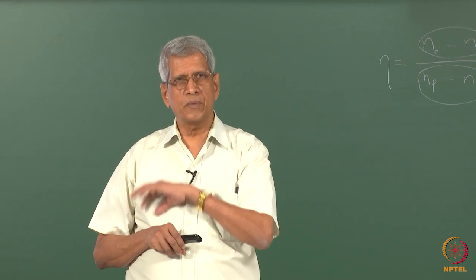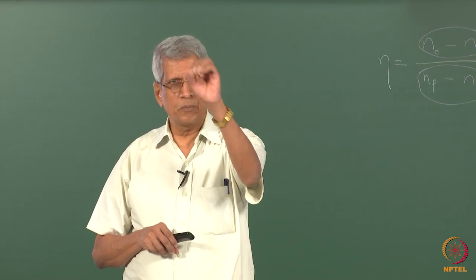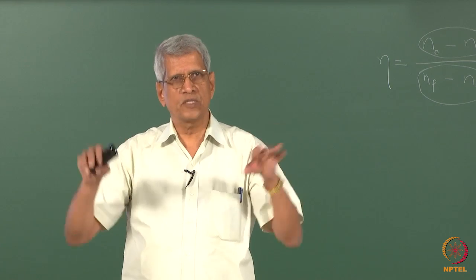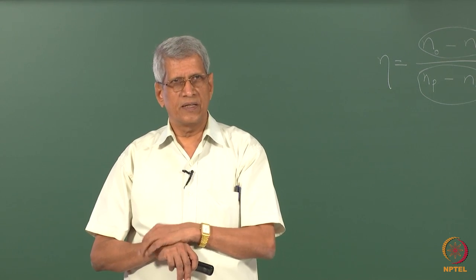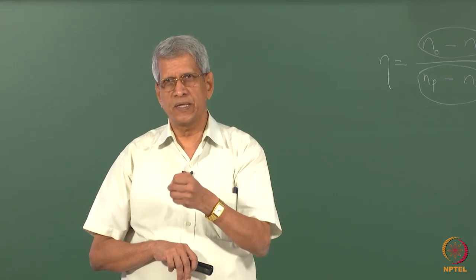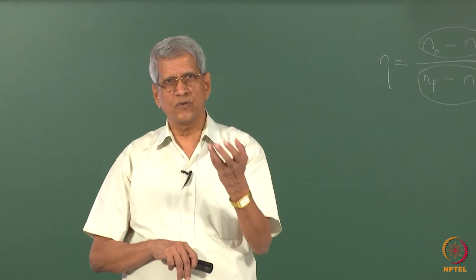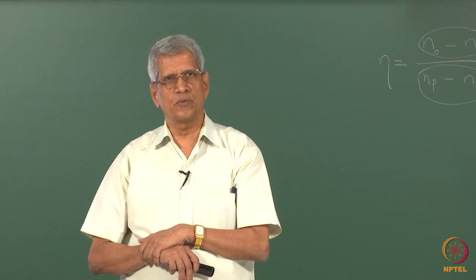This atom is removed from there, and assume that by some means we bring it and put it on the surface. When we put it on the surface, it will again form some bonds. What is the difference between the number of bonds? That is going to give you the energy which is required, and there will be some relaxation which will take place. The net effect of all these things decides the energy required for a vacancy to be created.